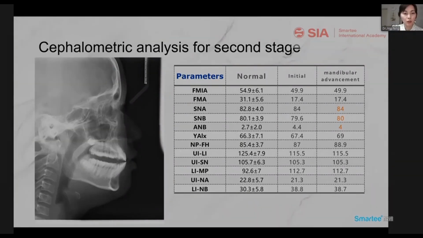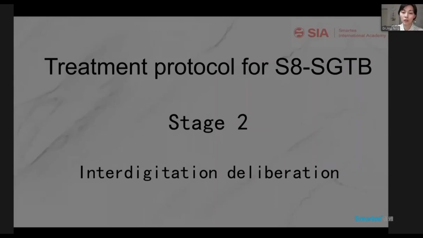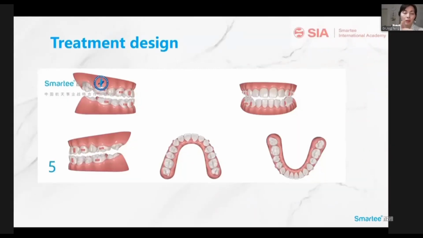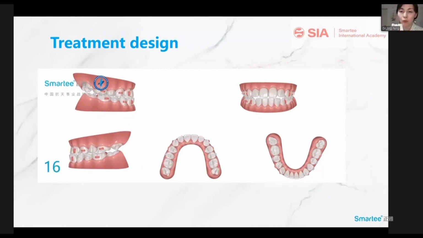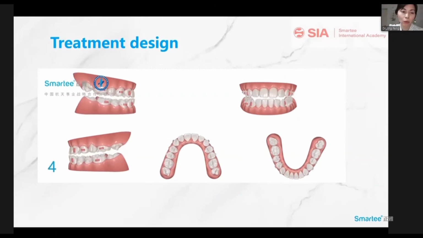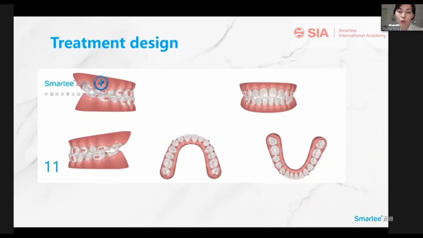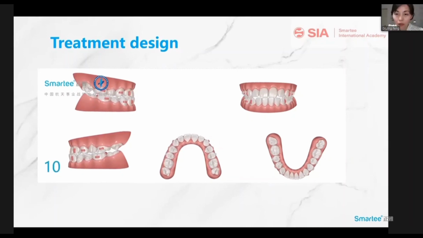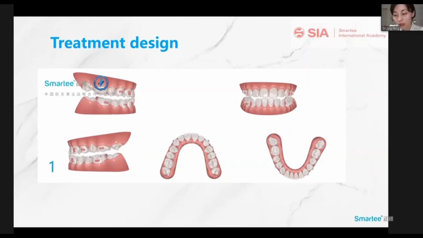And at stage 2, we do the interdigitation. For this low angle case, we determined to elongate the premolars and molars much more than intrude the lower incisors. And you can see the lower incisor inclination was corrected beautifully.